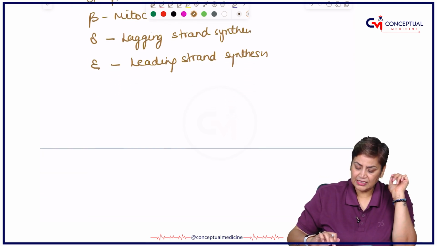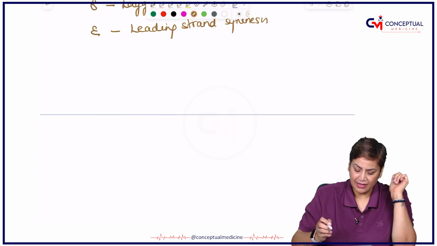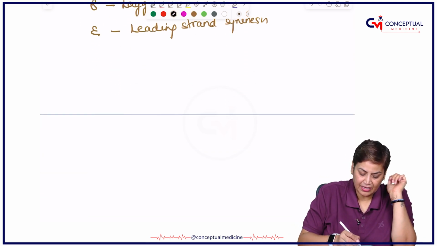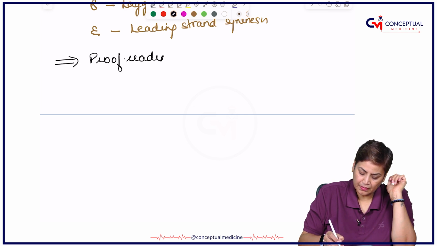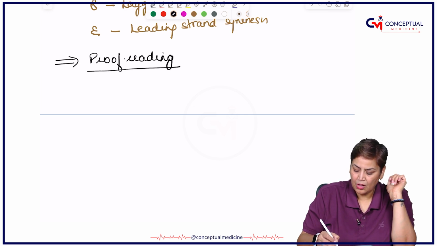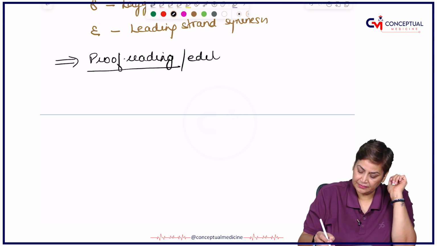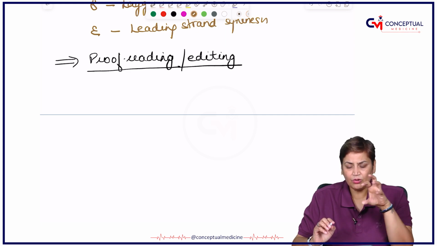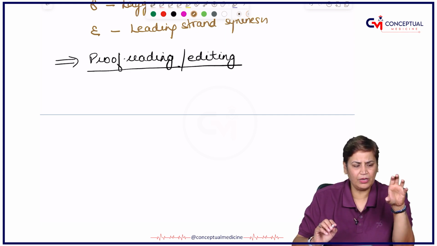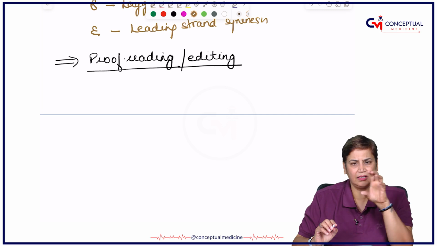Now after this, there is a type of proofreading, which is a very important activity. So proofreading or editing is done. Now what is this proofreading or editing? This DNA polymerase moves along the DNA.